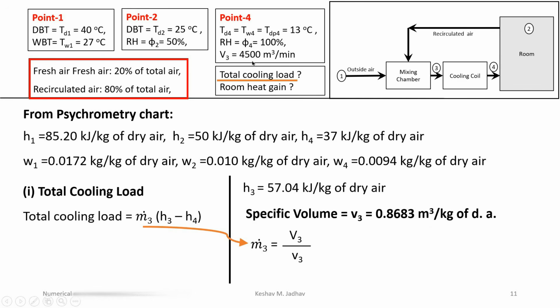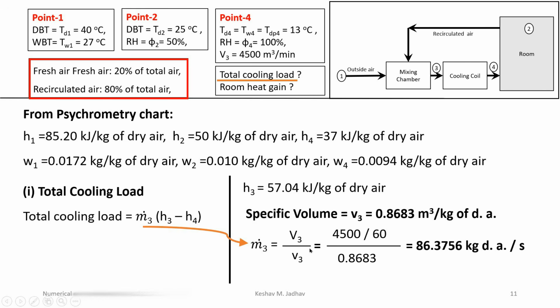This is in meter cube per minute, so we can convert it into per second. So 4500 divided by 60, in meter cube per second, divided by the specific volume 0.8683 in meter cube per kg of dry air. So we will get the mass flow rate of air at point 3, which is 86.3756 kg of dry air per second.